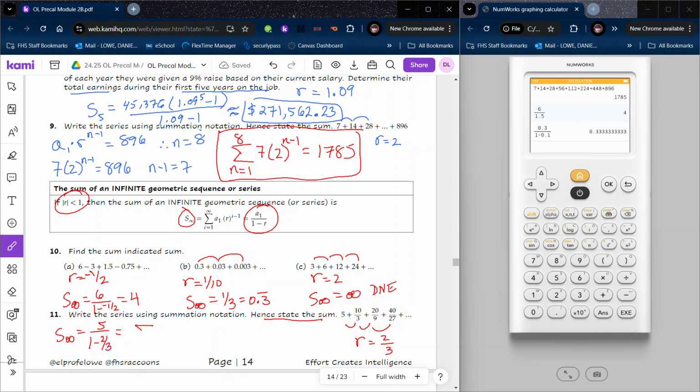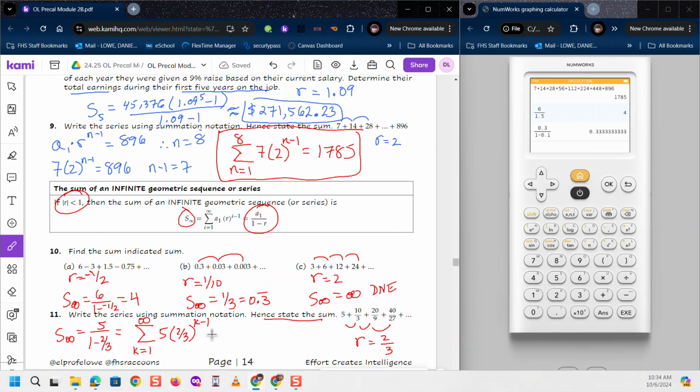But it says to use summation notation, so I'm going to write summation notation, and my summation is going to be going from my counter equal to 1 to infinity of, it's a geometric series, so 5 times that common ratio raised to the counter minus 1.